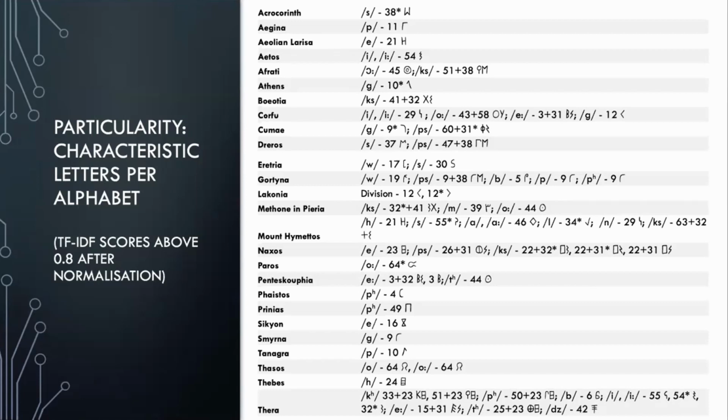Some of those outliers are signs that appear only once in the whole data set, like the one you can see from Paros. In Monchimetos, some of the signs like numbers 55, 46, 34, and 29, or the theta with the dot in Pendescopia.